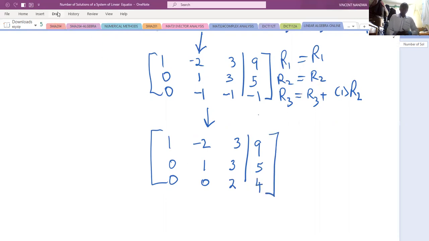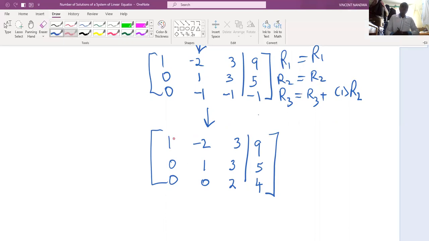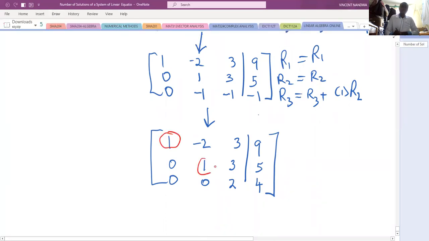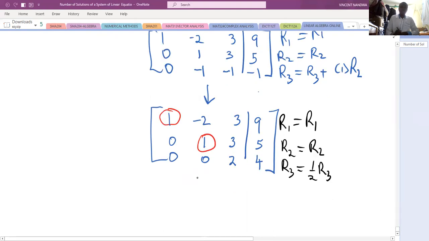This is the leading one, this is the leading one. So we expect this one also to be 1. And if we have 2 and want 1, simply divide by 2 or multiply by half. So row 1 remains row 1, row 2 remains row 2, and row 3 we say a half of row 3, so that we can get this as 1.